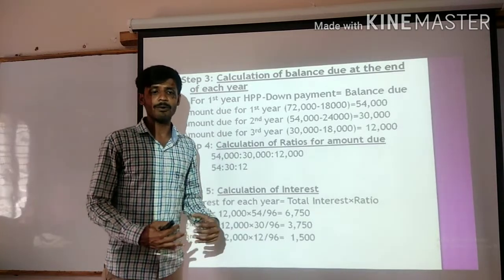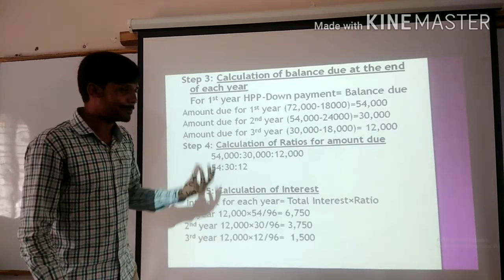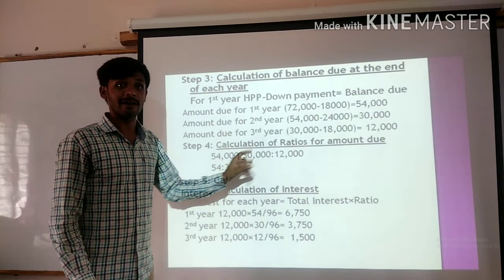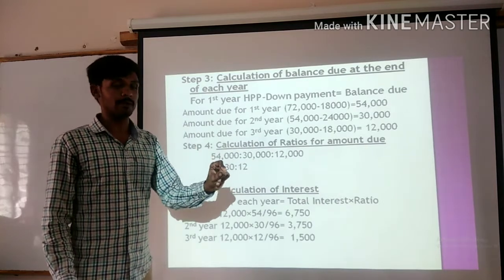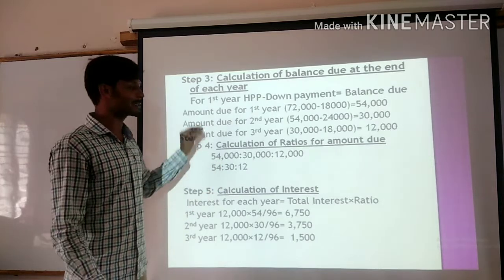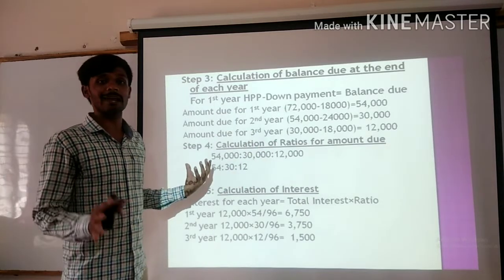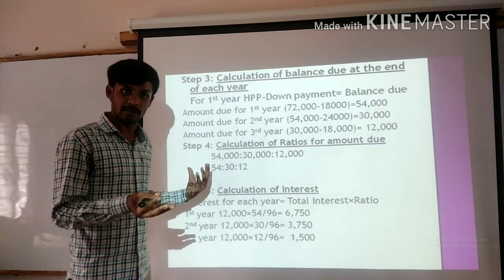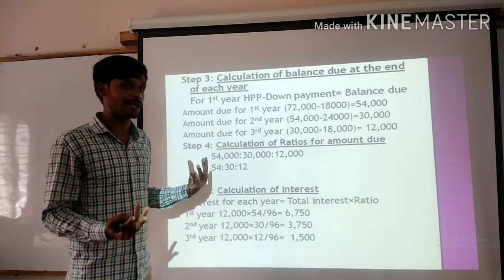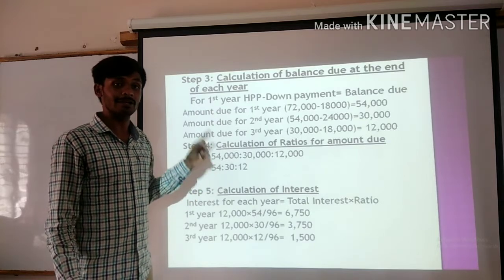In brief, calculation of interest can be made with the help of two major cases. One is when the rate of interest is given, another is when the rate of interest is not given. If the rate of interest is given, we need to find out whether the installment includes interest or excludes interest. If words like with interest, together with interest, plus interest, or along with interest are not mentioned, we can say that the installment includes interest.